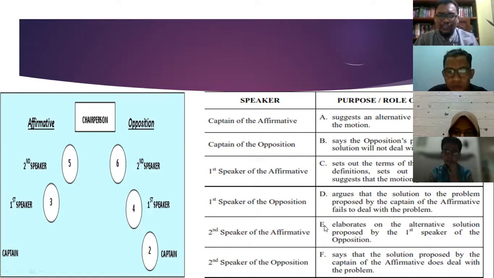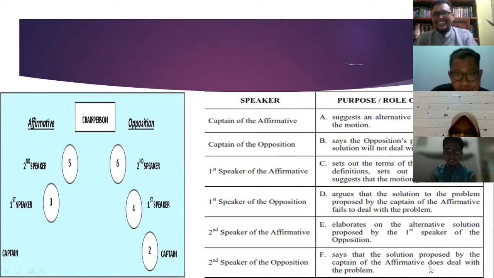Okay, so A, B, C, D, E, F. F? No, solution. Says the solution proposed by the captain does deal with the problem. This is the captain itself. A, B, C, D, E, F.